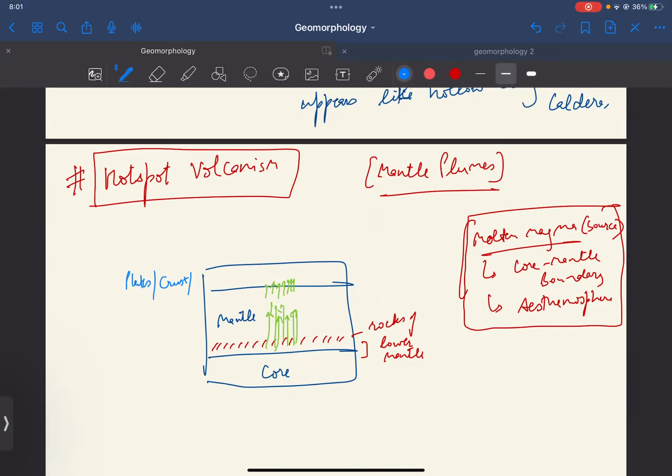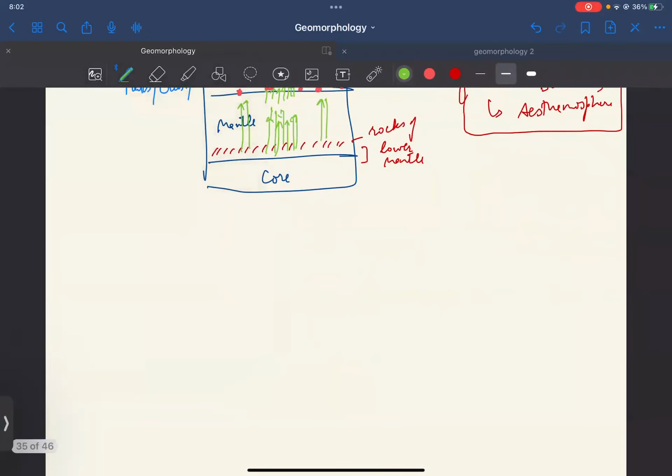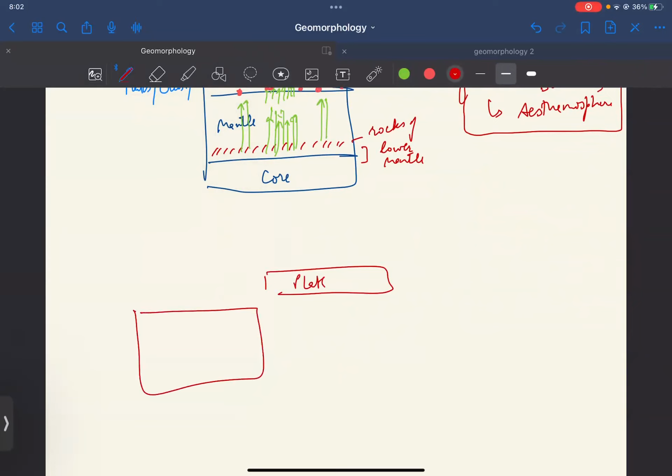All right. So along the mantle region, these are the fixed spots from where convection currents or mantle plumes are rising. So now what is happening? This is plate, this is the interior of the earth. So core, mantle, rise of magma.